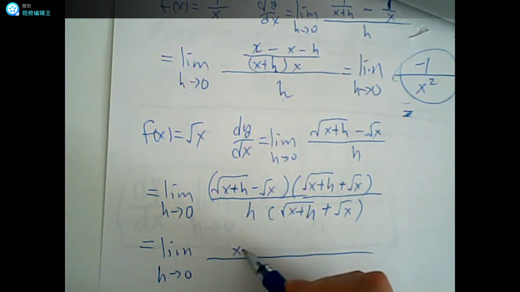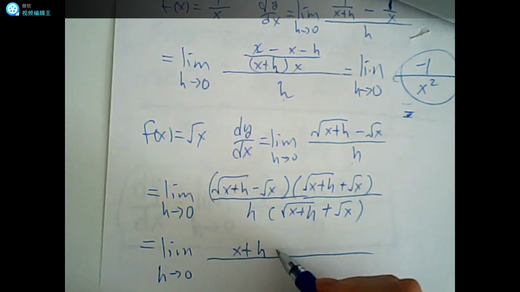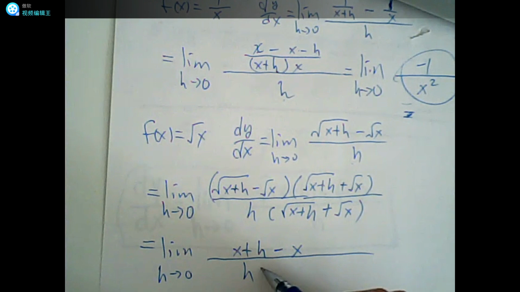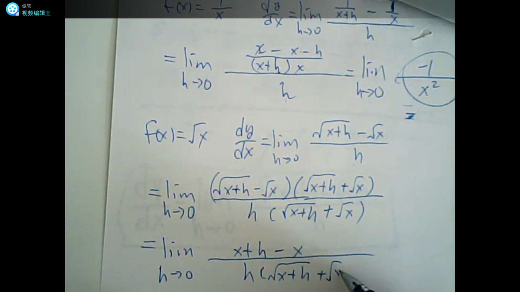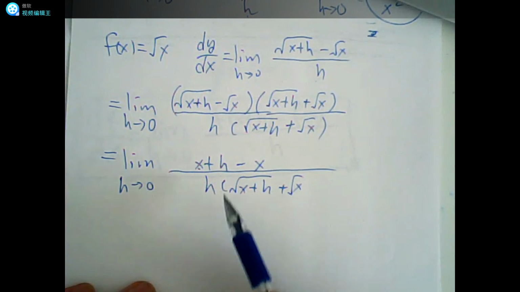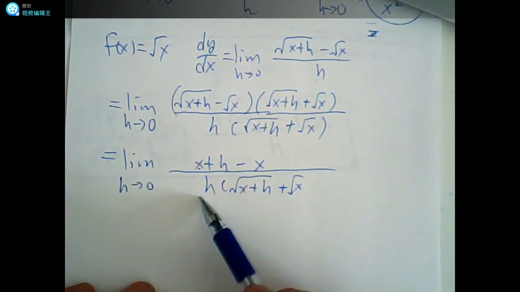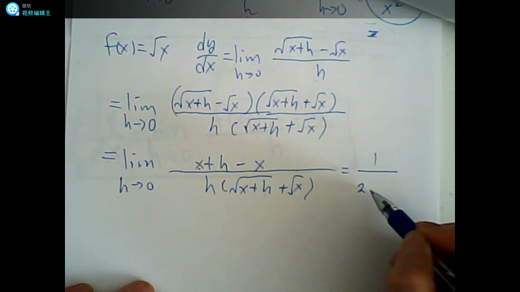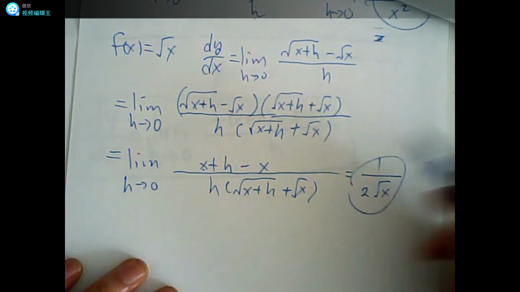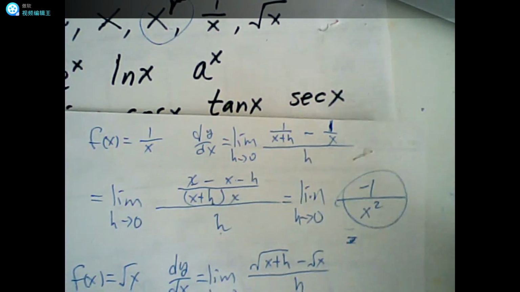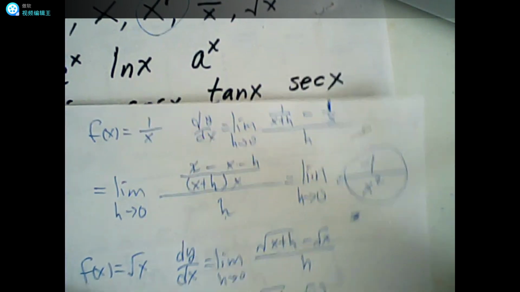Now this becomes x plus h minus x, right? And this is h times the square root of x plus h plus root x. Now x cancels with x, and the h cancels with this h. As h approaches 0, this is equal to 1 over 2 square root x. So that is the derivative of root x. Okay. Good.